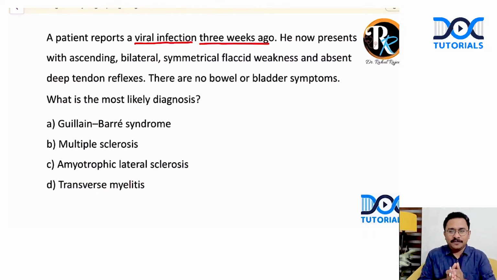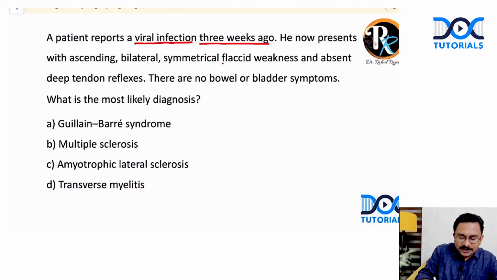So when you have a preceding viral infection and following that there is a neurological illness, one important disease that you have to consider is GBS, that is Guillain-Barré Syndrome. And are the features suggestive of GBS? What do you think? The patient is having LMN weakness or UMN weakness, upper motor neuron type of weakness or lower motor neuron type of weakness.